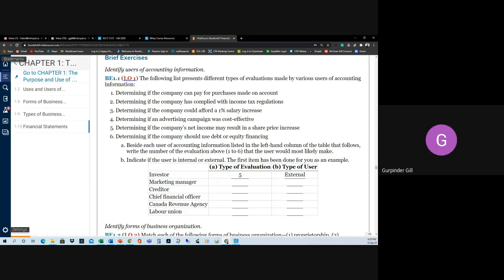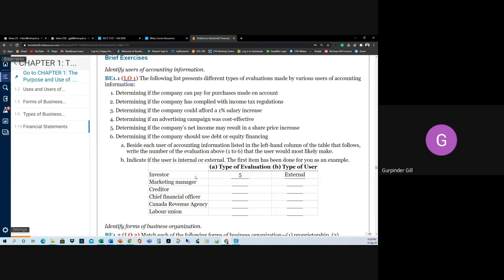What do you think? No, nothing? The company treasurer or the accountant?